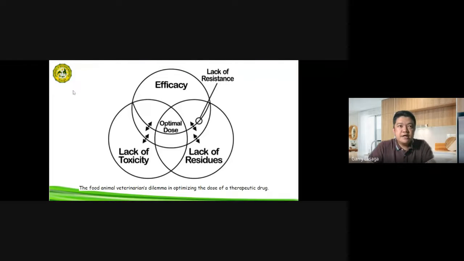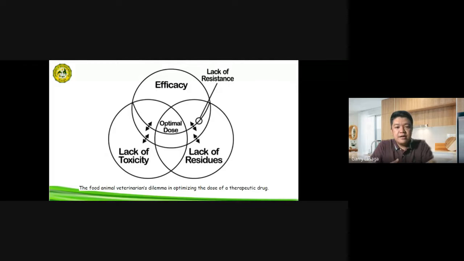So of course, in treating our patient, we need to balance whether that particular treatment or that particular intervention could produce more benefits compared to the risk.